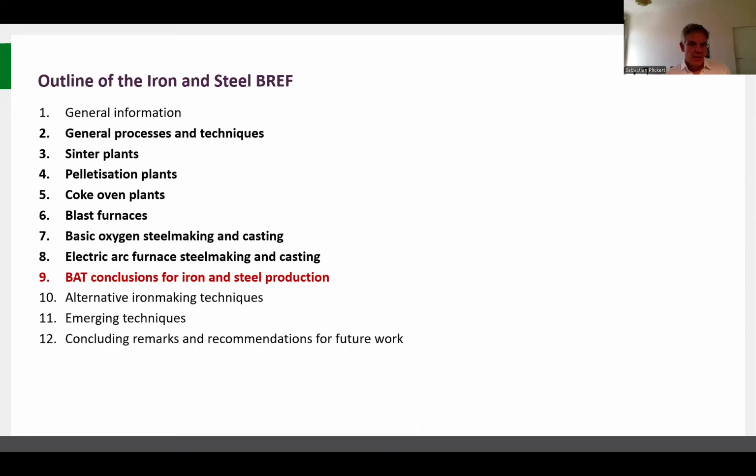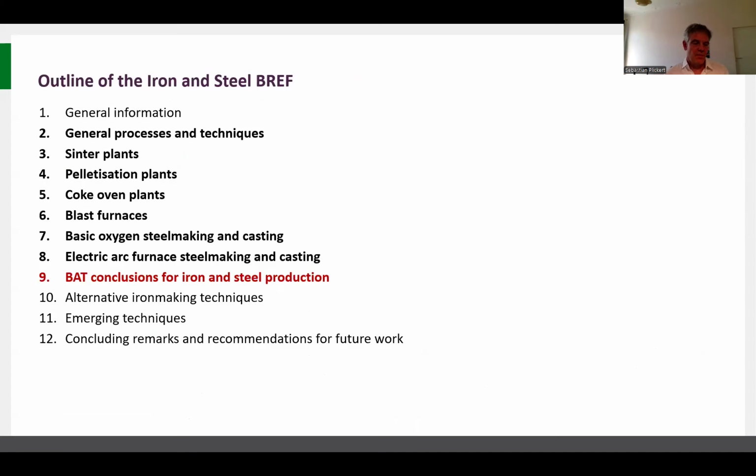So what do you find in the iron and steel BREF? After some general information on the processes and techniques, you find more comprehensive chapters on the different plant types. There are sinter plants, pelletization plants, coke oven plants, blast furnaces, basic oxygen steel making and casting, and then electric arc furnace.